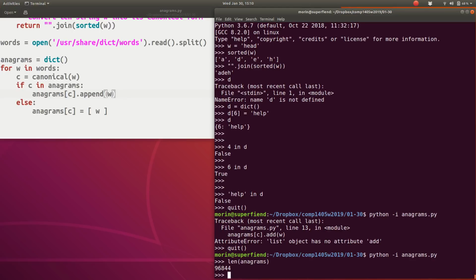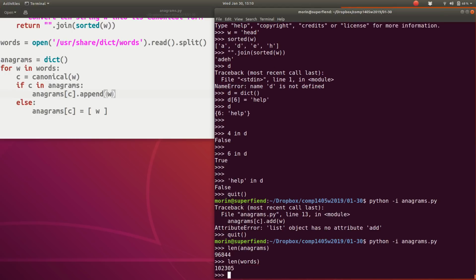So that was generated from a list of words that had 102,000 words. Now, does it make sense that this dictionary is shorter? Yes, it does, because this dictionary has glommed together all the words that are using the same letters.